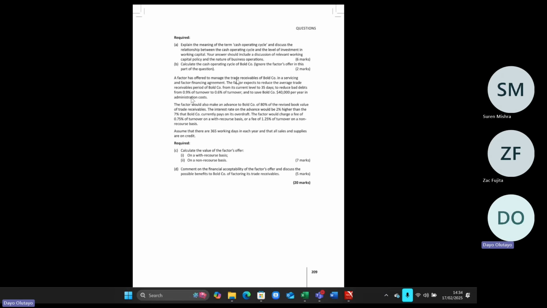As you know, one of the ways to reduce your account receivable balance is to get a factor. And if you're able to reduce your account receivable balance, invariably what you are doing is you are reducing your account receivable days. So we won't touch the factor part. That is the second part of the question, C and D. But now I want us to deal with cash operating cycle for A and for B.